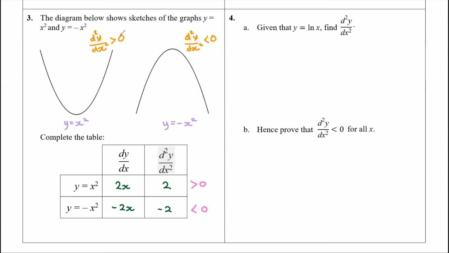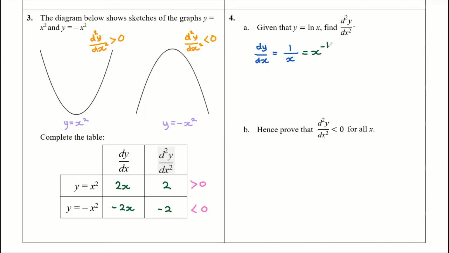Now for question 4, we're given y equals the natural log of x, and we have to find the second derivative. So in this case, it's a standard result: dy by dx is 1 over x. Now, just bear in mind that this is, of course, x to the power negative 1.